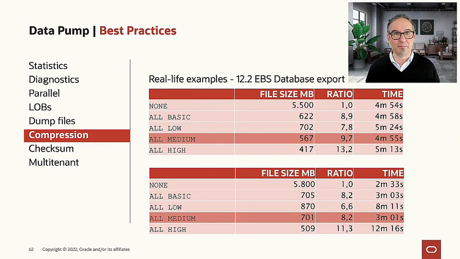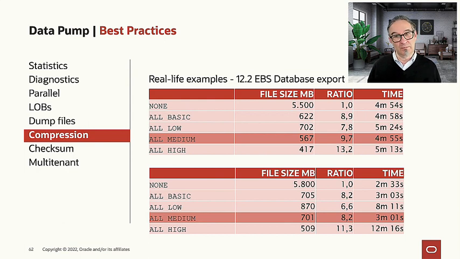And here we have some numbers. So a real life example, this was a 12.2 EBS database export. And the file size when you did nothing was 5.5 gigabytes. That's okay. With all basic, so all means metadata, which is the default anyways, and basic algorithm, compression algorithm, we brought it down to like 90% smaller dump file.